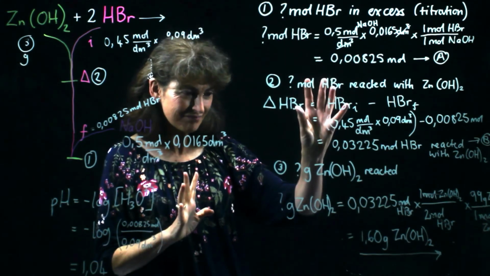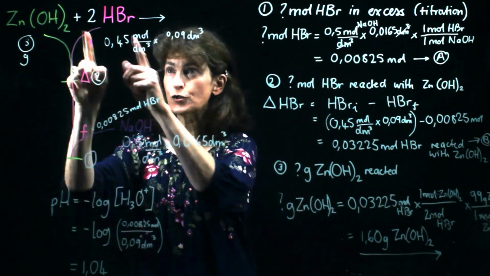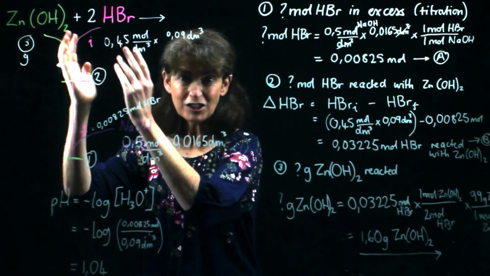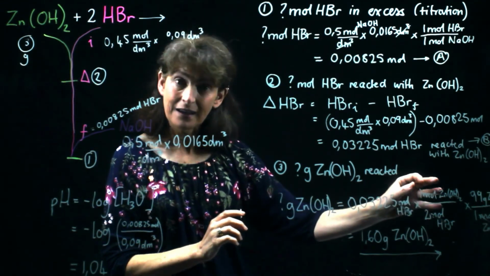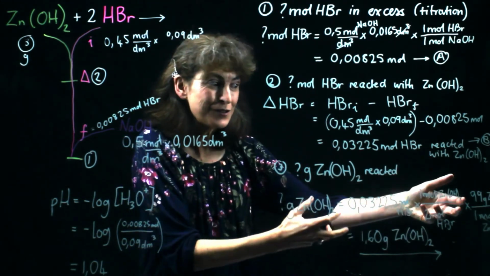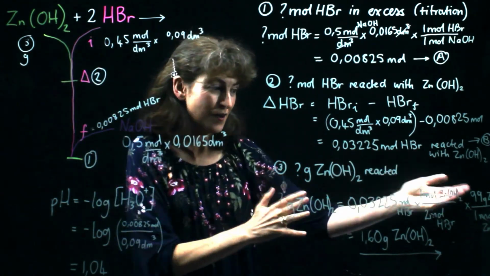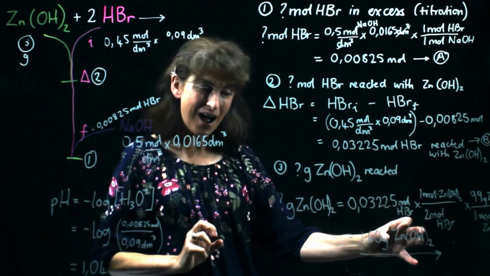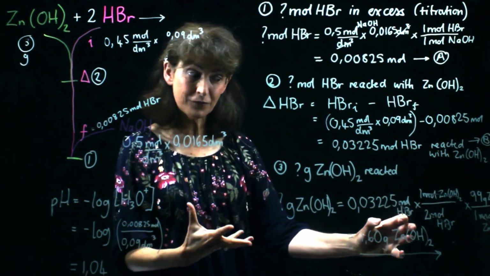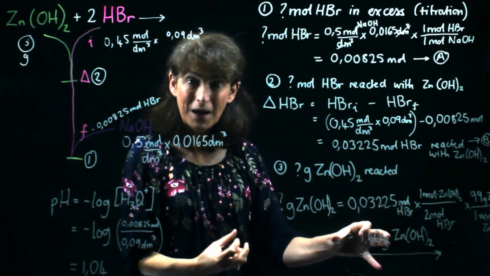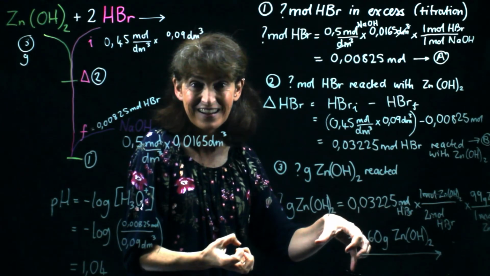And then we use the stoichiometric relationship in the balanced equation between the acid and the base and convert it into grams, because that is what we were asked, in order to find out, well, therefore, how much base must have reacted, and since it was the limiting reagent, therefore, how much must have been there in the beginning.